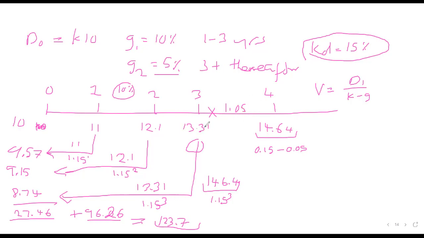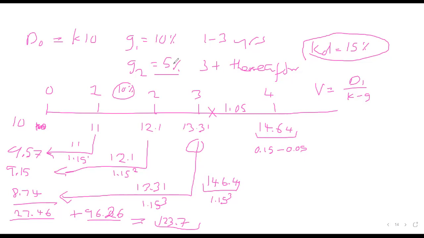So 13.31 will give you a slightly adjusted figure. But get the concept, because we are moving from year 3 to another phase. So just make that adjustment as you do your workings. Is that clear?